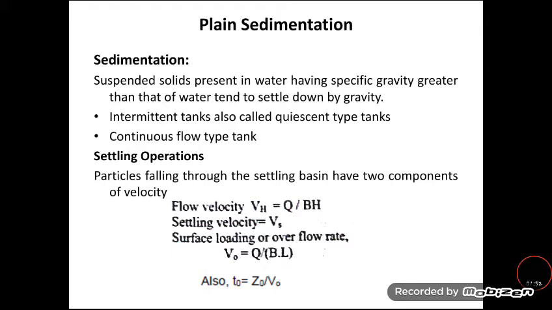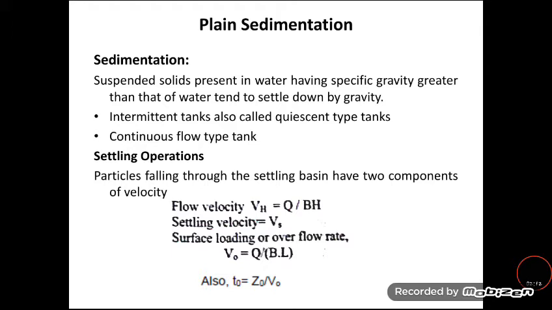Intermittent tank is nothing but the batch flow, so the water is filled and withdrawn, then again the water is filled. But in continuous flow, the water is allowed to flow continuously while the sedimentation is also attained during the process.